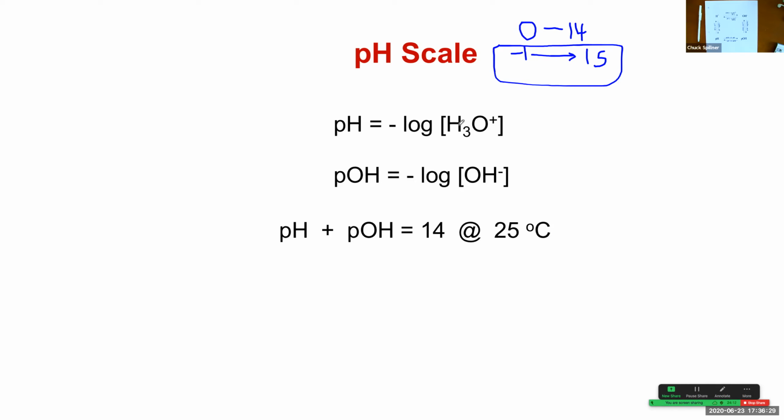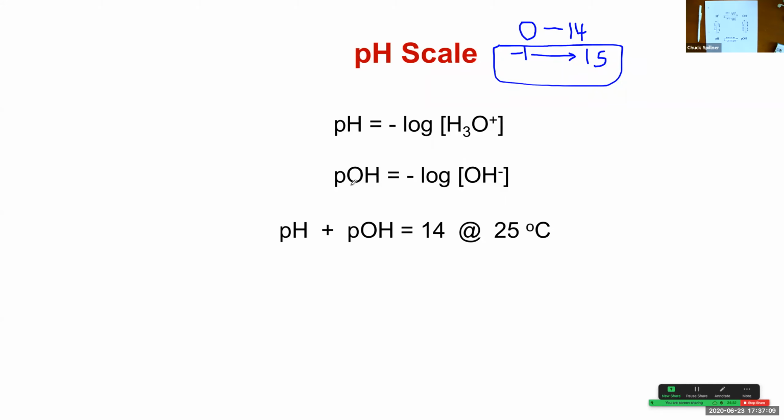We take the negative log of the hydronium ion concentration, because we want the pH scale to be a positive number, not a negative number. Now at high acid concentration, above 1 molar, 2 molar to 6 molar, acids can get up to about 12 molar in hydronium ion, and you're going to get a negative pH. If you take the log of 12 and then take the negative of it, what you get is -1.